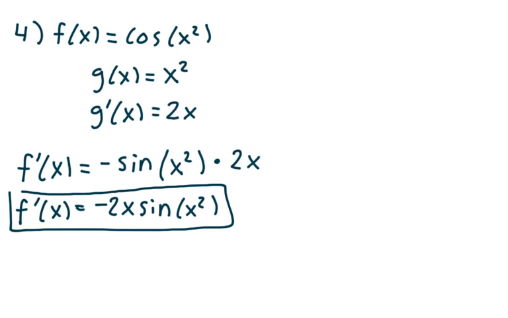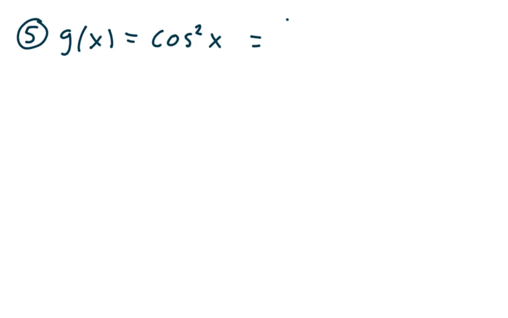That's example 4. Now, in example 5, this is very, very subtle. Suppose g of x is equal to cosine squared of x, and I'm going to write this as cosine x raised to the second power.